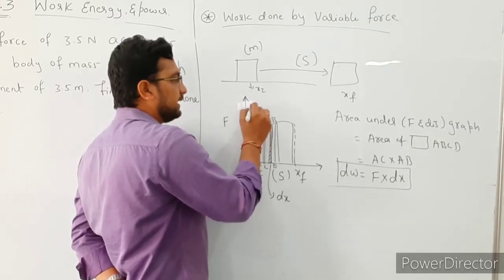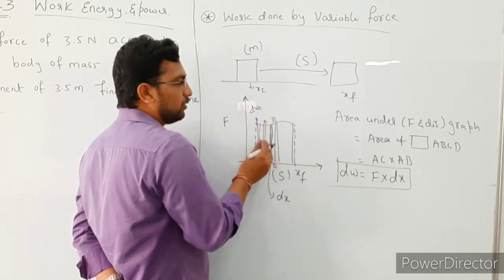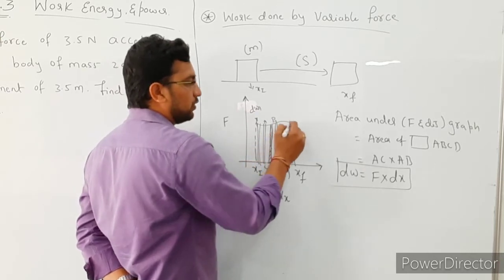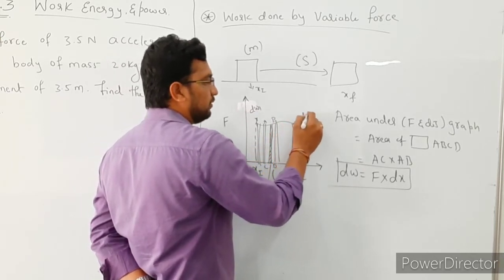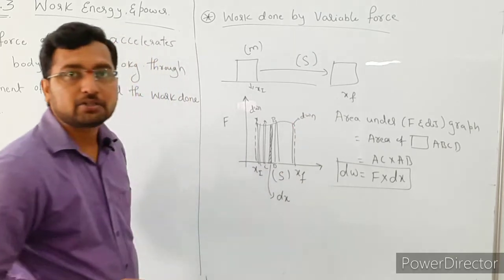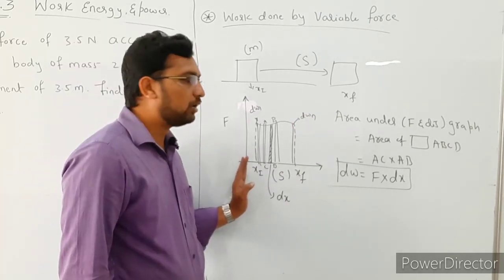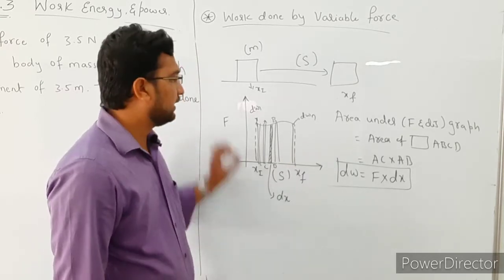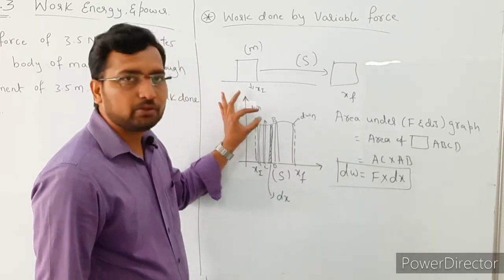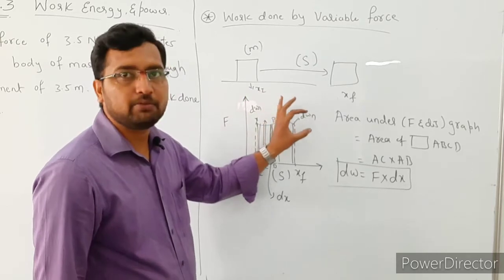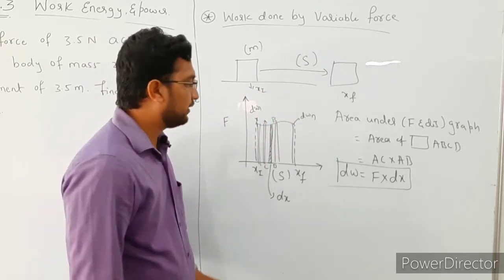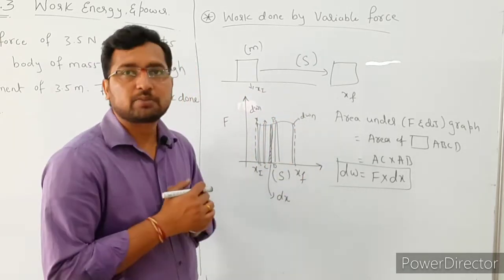For example, this is dW1, dW2, dW3, dW4, and so on up to dWn, the total work done by the variable force. So we add all the small work done.